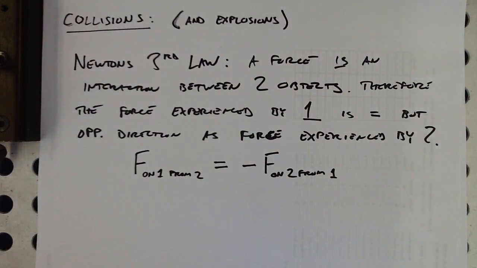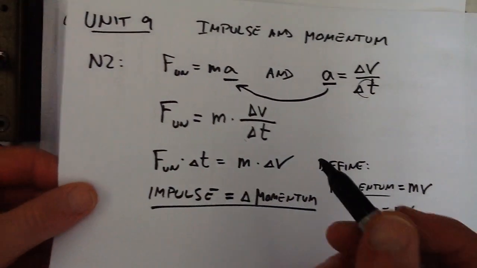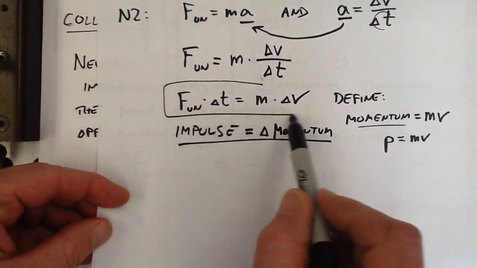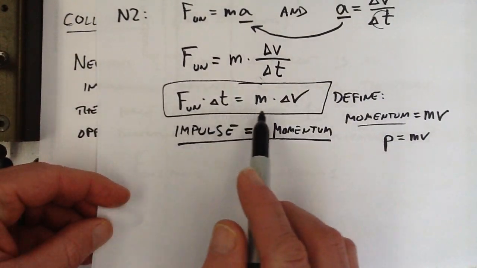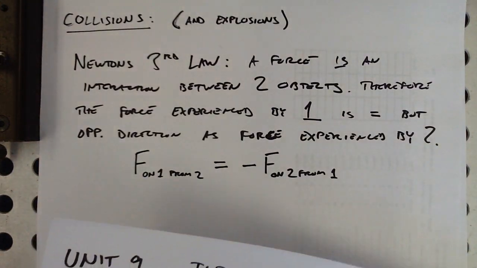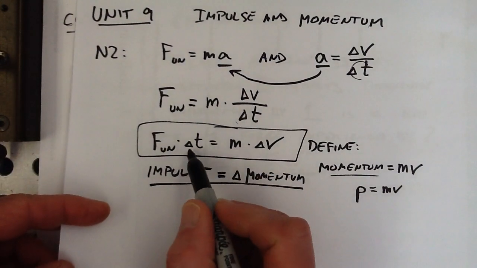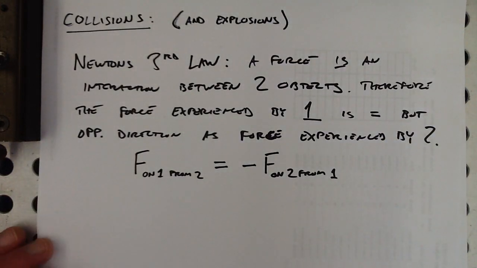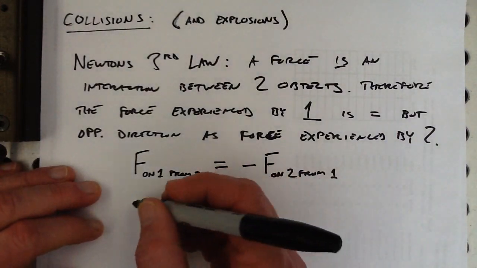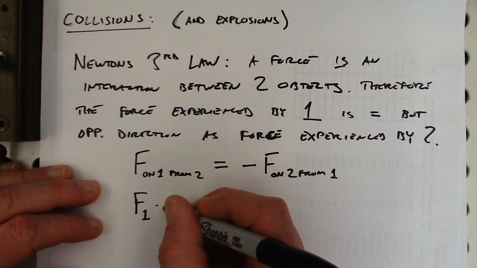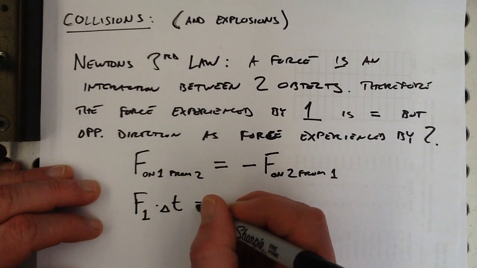And now, since we're talking about impulse and momentum, and we know that this is true, we might look at this equation and say, I've got force on both sides, and since when two objects interact, they interact for the same amount of time, what if I multiplied both sides of this equation by time?